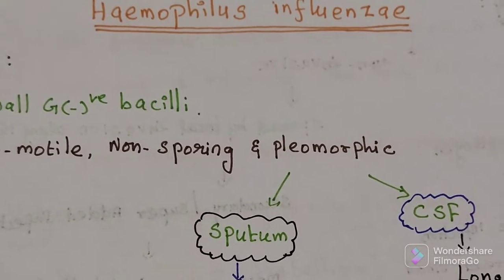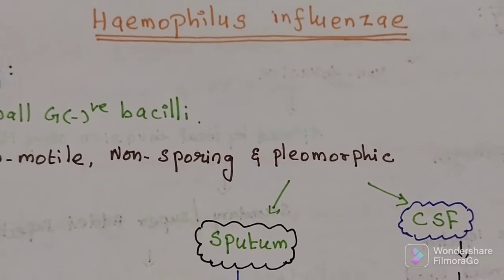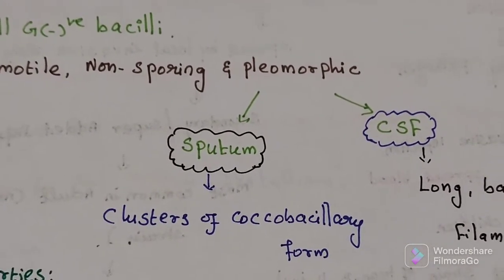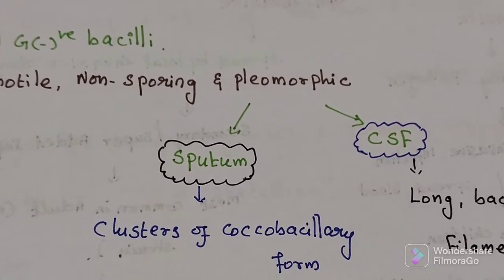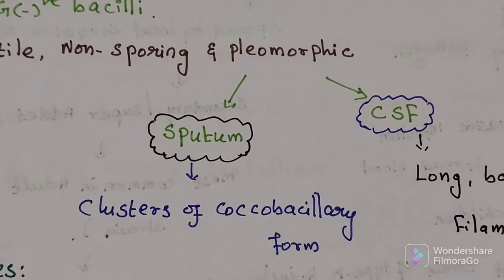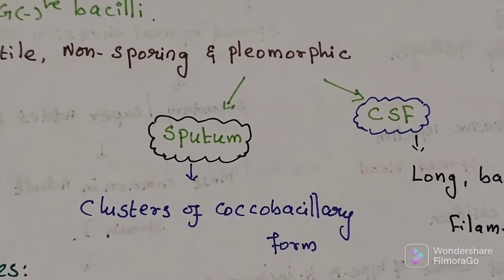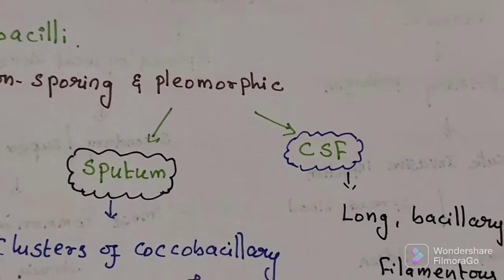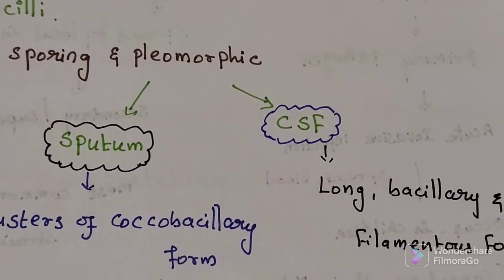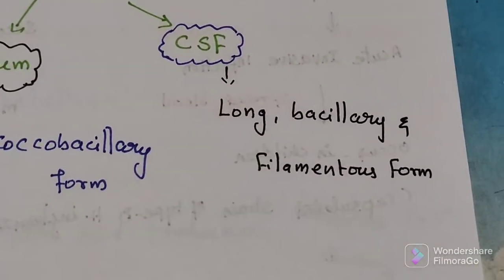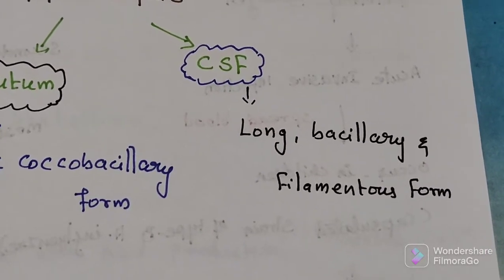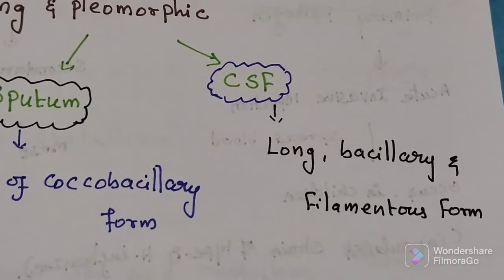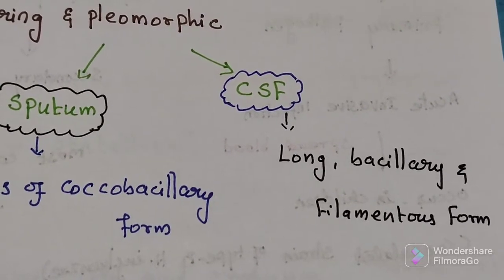In sputum, they are seen as clusters of coccobacillary forms. In a sample of CSF, they are seen as long bacillary and filamentous forms.